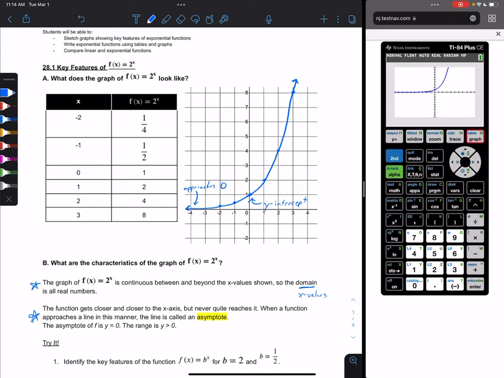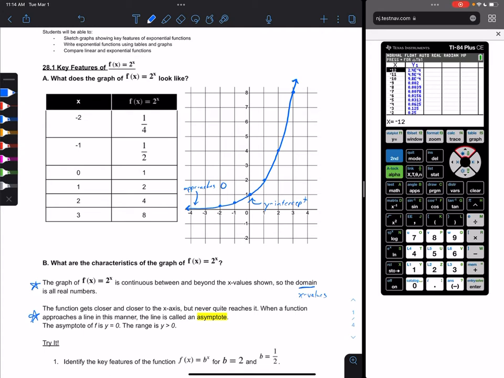The second statement: the function gets closer and closer to the x-axis but never quite reaches it. If we go to the table on the graphing calculator, you'll notice our y values get smaller and smaller as we go, and then they start to get exponentially small.